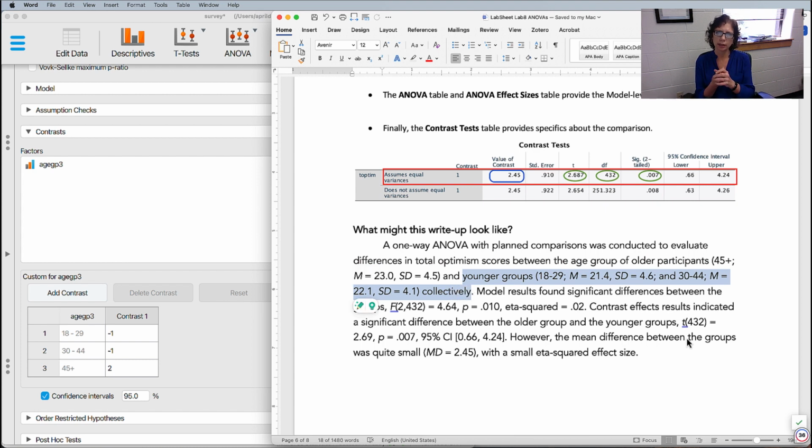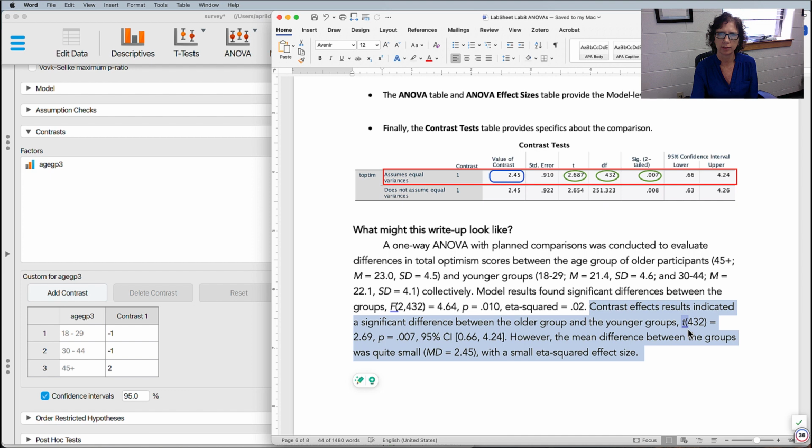So you want to let your reader know what you were comparing, especially in this planned comparison. Model results found significant differences between the groups. That's the same model results we had before, but now it changes. Contrast effect results indicated a significant difference between the older group and the younger groups.